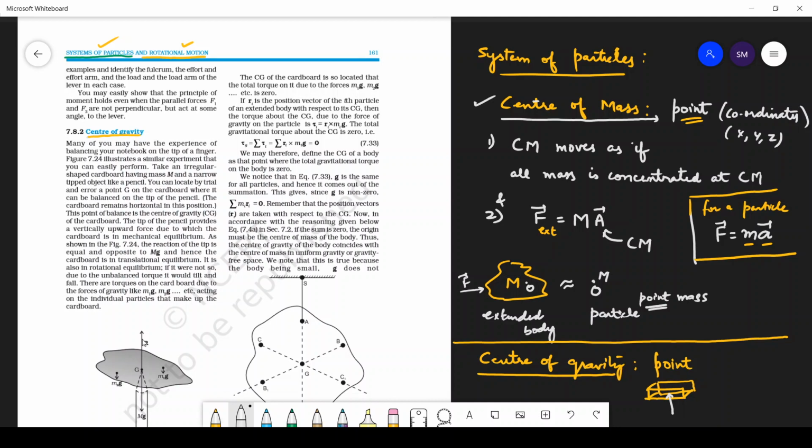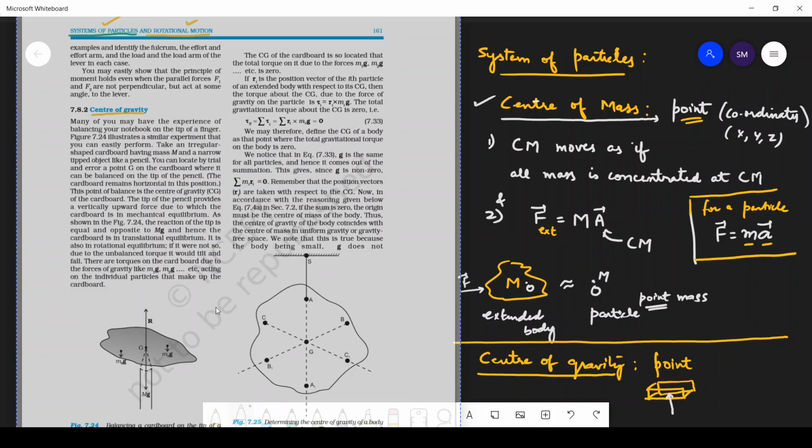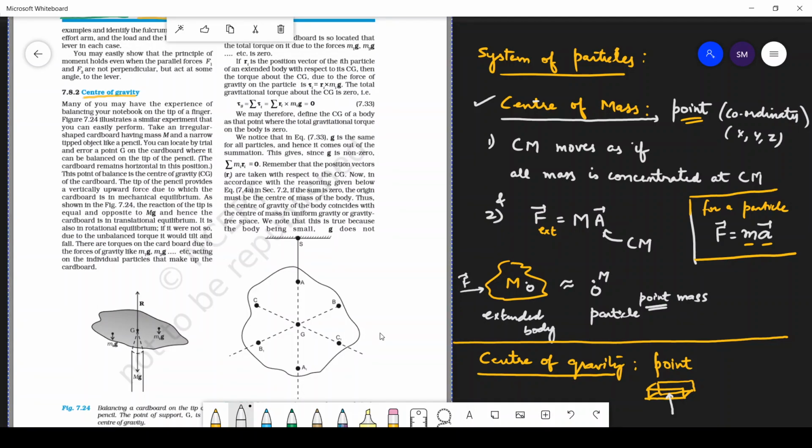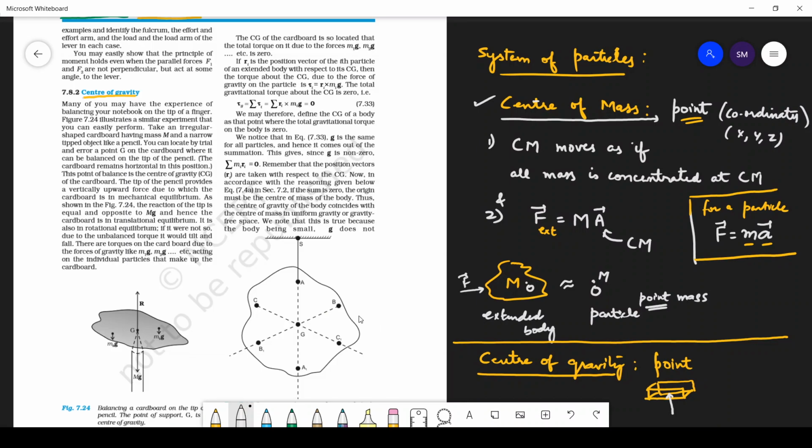Yes, can you see this figure? Figure 7.24 in your books. Yes or no? Yes, sir.